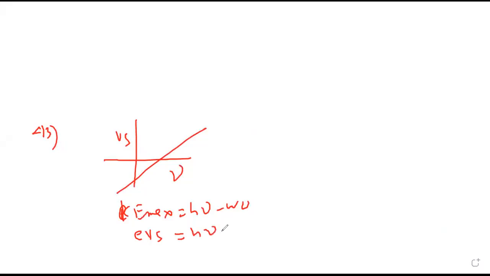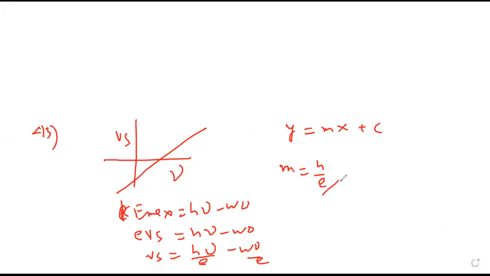E into stopping potential is h nu minus work function. So h nu upon E minus work function upon E. This is of the type y equals mx plus c, m equals h upon e, the slope. I have already explained this earlier. So the slope of the stopping potential versus frequency graph is h upon e, option B.